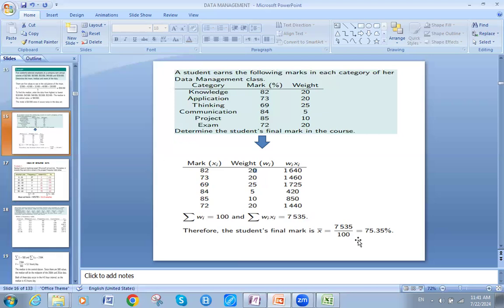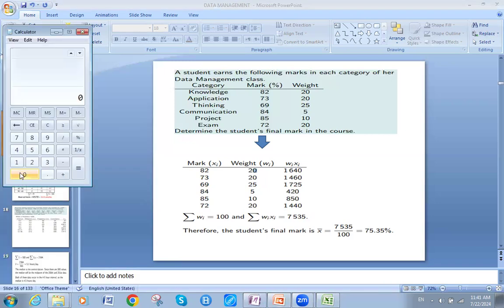Okay, guys, let's see an example now. 82 times 20. Let us go to the calculator and see it. 82 times 20 will give me 1640. Then the same thing for 73. 73 is the mark of the student, but it is multiplied by the weight.